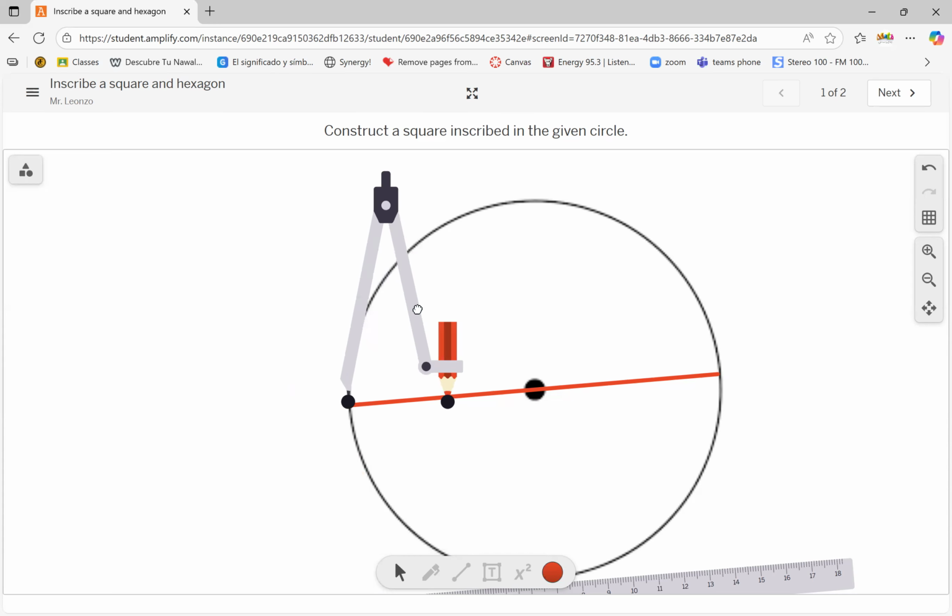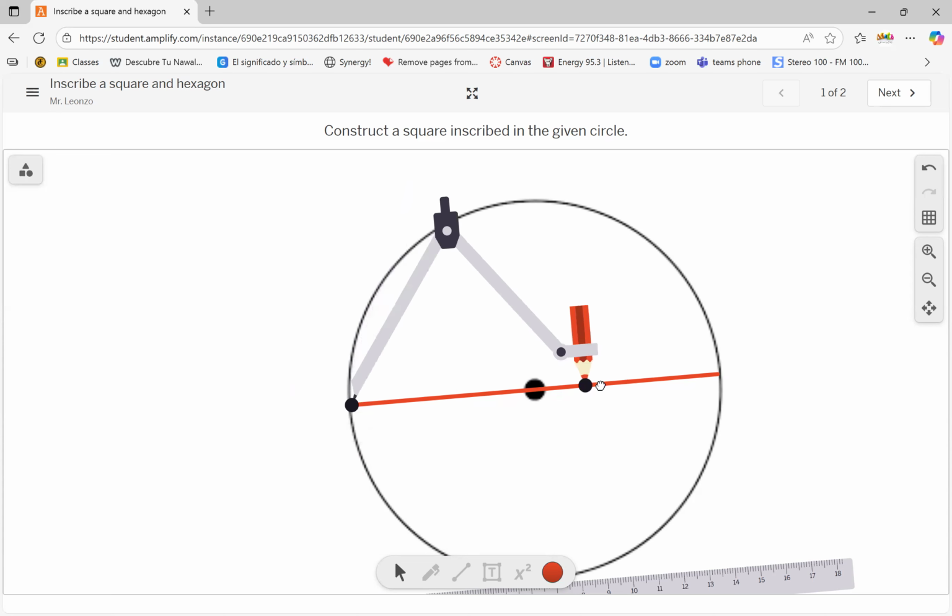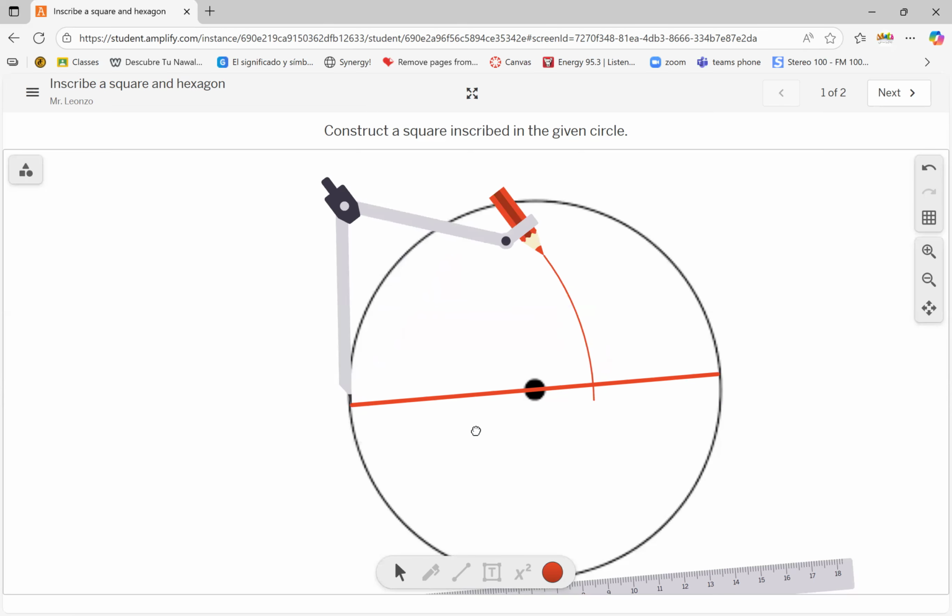I'm going to put it at the end there. Now, in this case, I know where the center is. The center of my segment, it goes through the center of the circle. It's about there, but I'm going to open my compass a little bit more. I'm going to go about there. So I'm going to open my compass more than half. And then I'm going to grab my pencil and I'm going to create an arc.